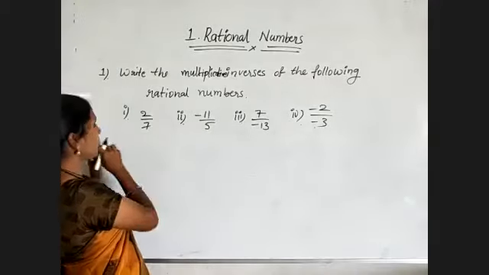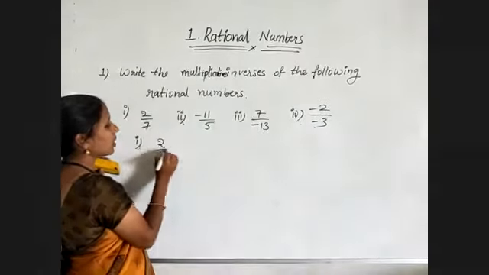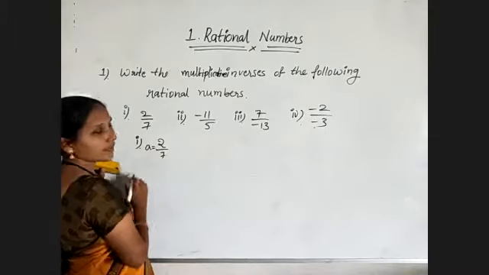So now, for the first question, A value is given by 2 by 7.